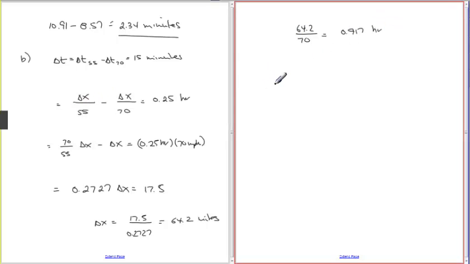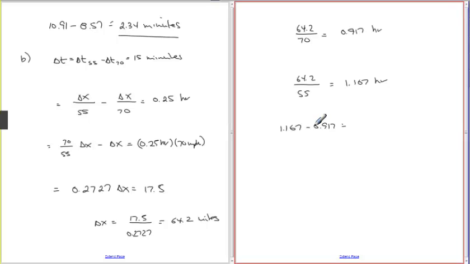And when this person has traveled 64.2 miles at 55 miles per hour, we get 64.2 divided by 55, and we see that it takes him 1.167 hours.